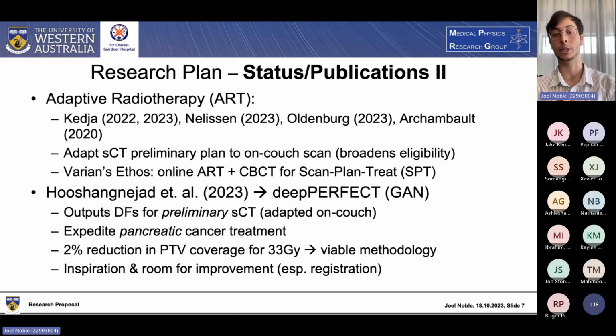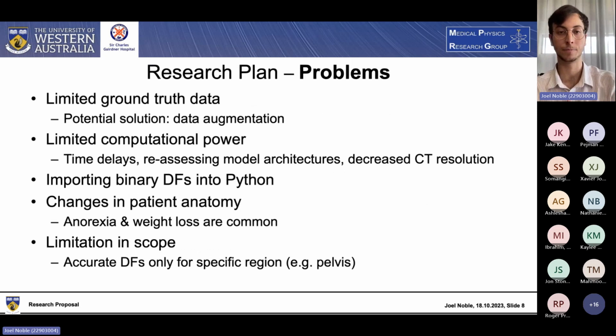Now, the need for adaptation arose from them doing this in the context of expediting pancreatic cancer treatment, so non-palliative, and this was to improve local control. They did show this to be a viable methodology, which is very encouraging for the research I'm talking about, but there is plenty of room for improvements, particularly in how they registered their images using the open source Elastic software as opposed to something like Velocity.